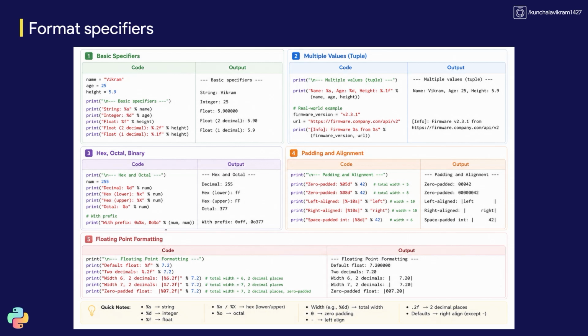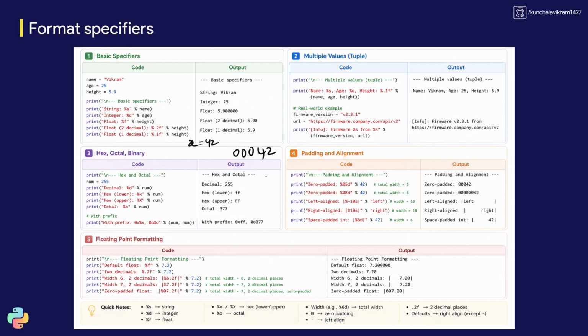Another important thing is the padding and alignment, which is how you print these values on the terminal or in the logs. For example, let's say x is 42, but I want to print it as 00042. I want all the numbers to always have 5 digits.